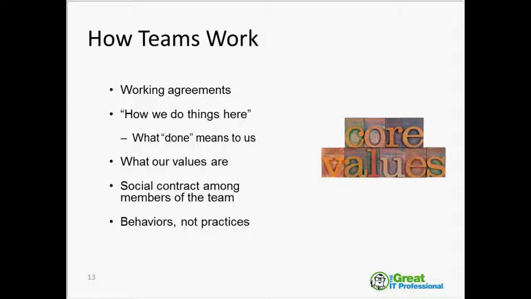How do we treat what done means? How do we talk with each other? How do we manage our culture in the organization for this project? So often we think about what our values are. And when we think about working agreements and values, that's the social contract among the members of the team.